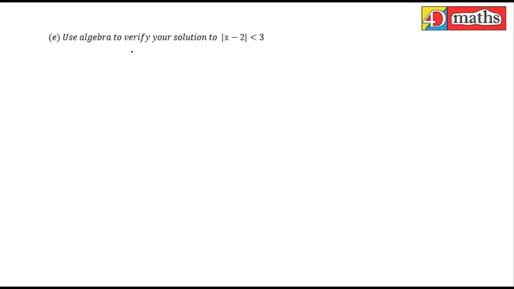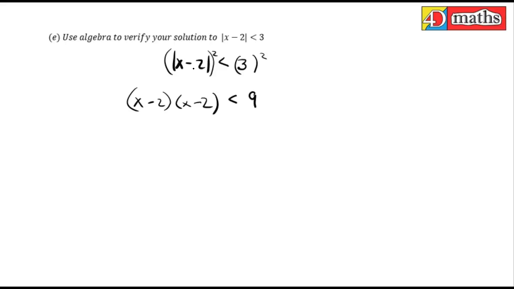Now I'm going to use algebra to verify my solution. So what I have is |x − 2| less than 3. In order to work this out, I want to make sure this is positive, so I'm going to square both sides. This becomes 9, and this is (x − 2)(x − 2).